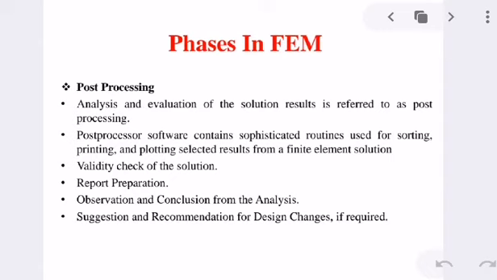phase. While solution data can be manipulated many ways in post processing, the most important objective is to apply sound engineering judgment in determining whether the solution results are physically reasonable. That is the main objective of this phase.